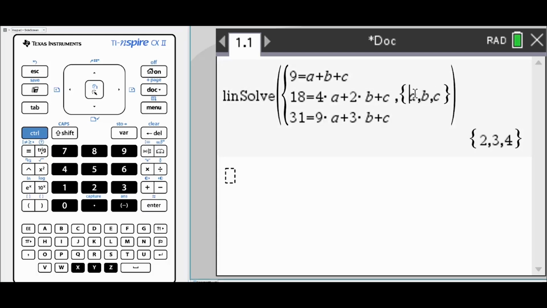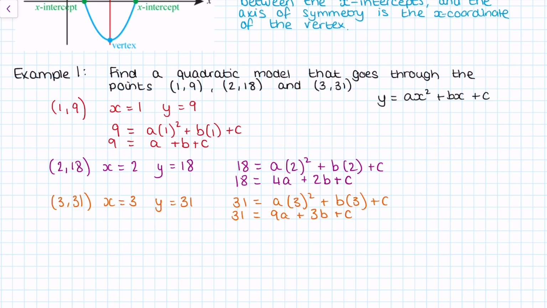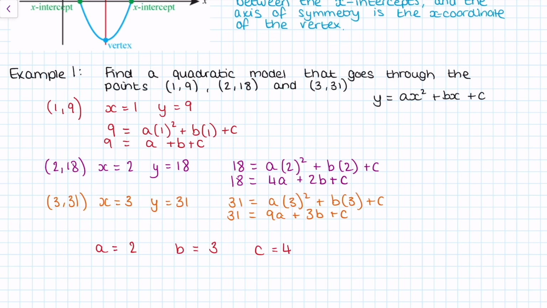So you see here a, b, c, and that's the order of the solution. So a is 2, b is 3 and c equals 4. So from our calculator, we've got the values of a equals 2, b equals 3 and c equals 4, which means we can then put those into our equation. So it'll be y equals 2x squared plus 3x plus 4.